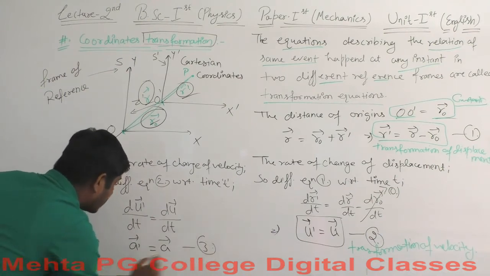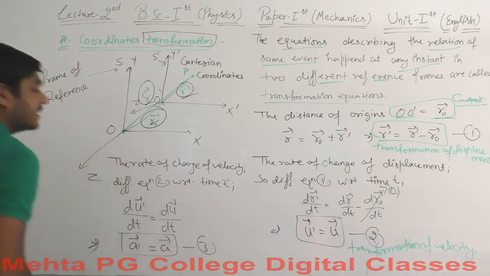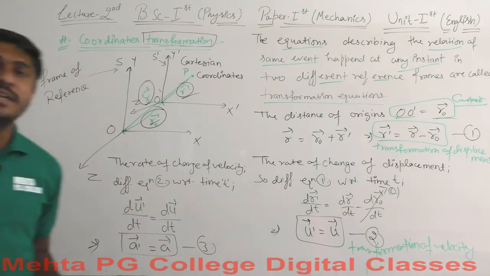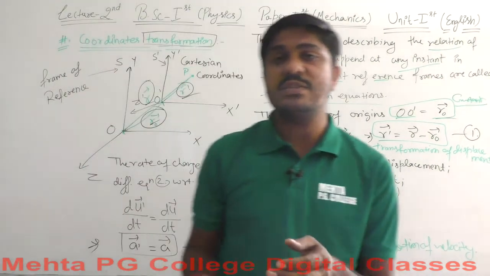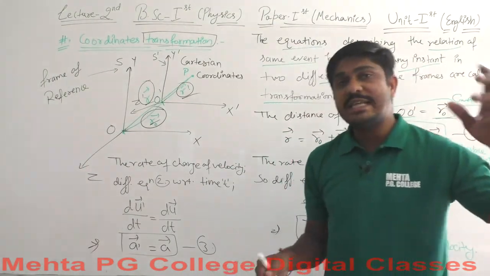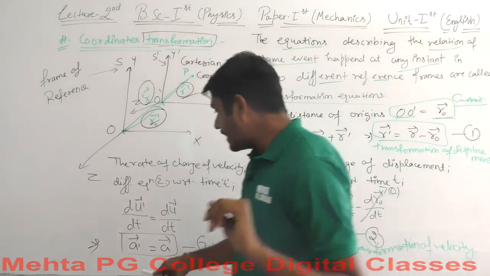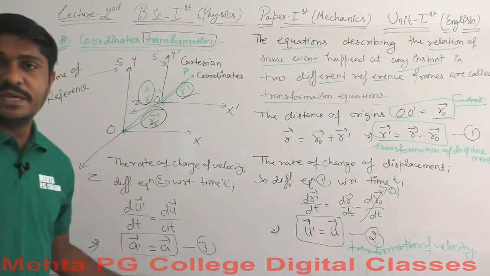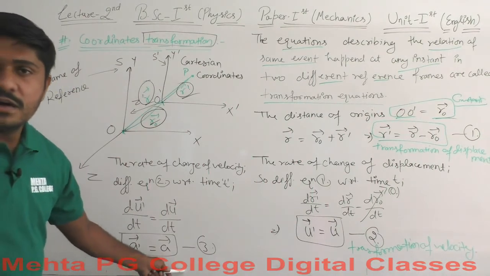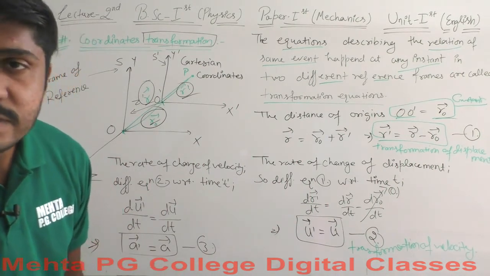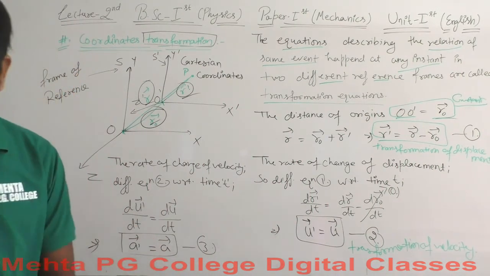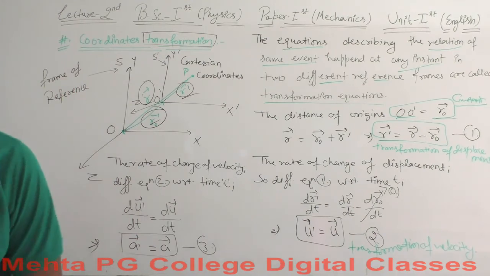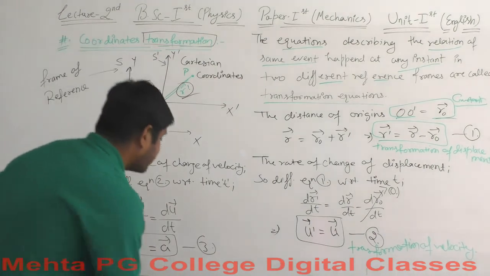This is equation 3. And if you remember the first lecture, or if you have watched the lecture first, then you know what this means. Yes, you can see what equation 3 means. This is the transformation of acceleration.